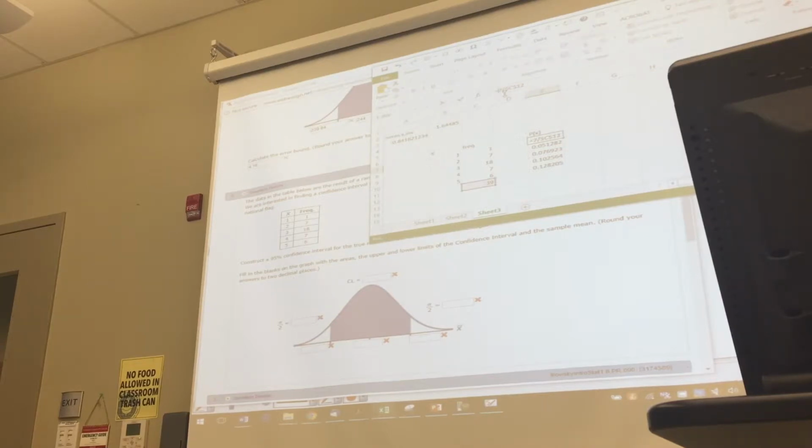Should be C. Wait. It's the frequency, right? I can't type in the formula. It is the frequency, but I typed in the number 27. It's the frequency divided by the total. Yeah. I clicked on the wrong box.